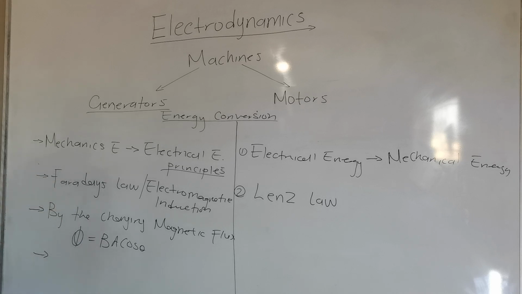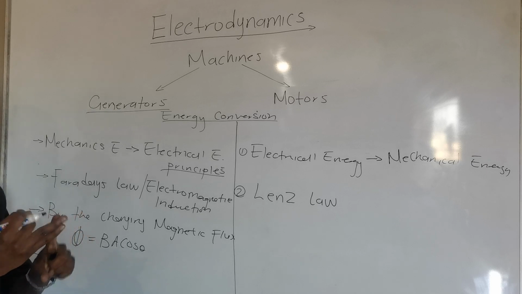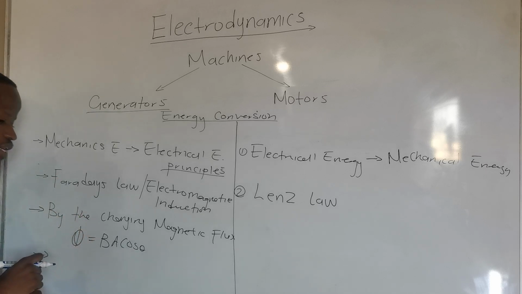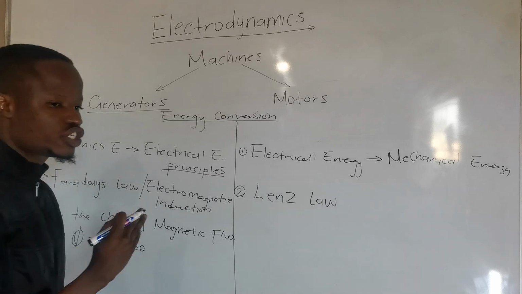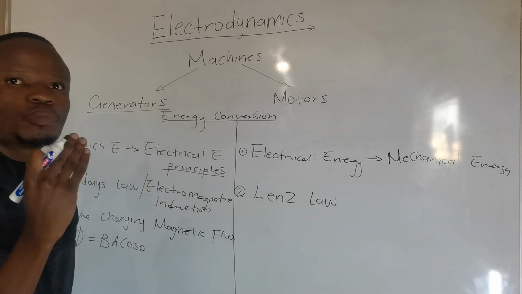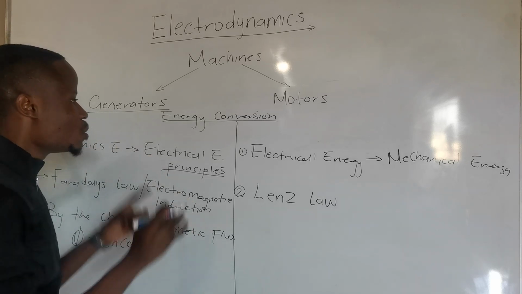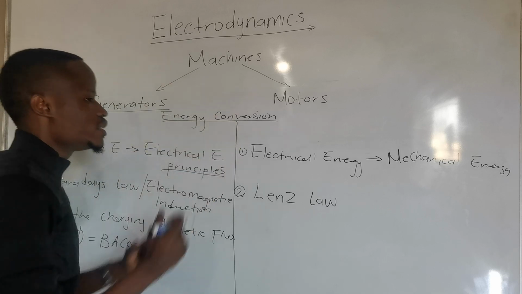Alright, then now bear in mind, this is operating between these three things: the current, the magnetic field, as well as the force or the rotation. So these three things have a relationship, and how are we going to be predicting the relationship between the generator and the motors?